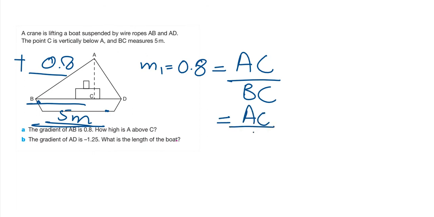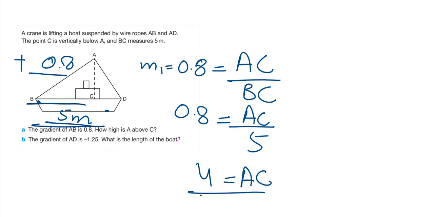AC isn't given, but BC is given, and 0.8 times 5, that will be equal to 4. AC is equal to 4, so the first part is done. How high is A above C? That is 4 meters.